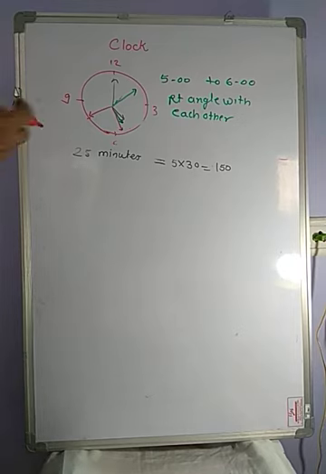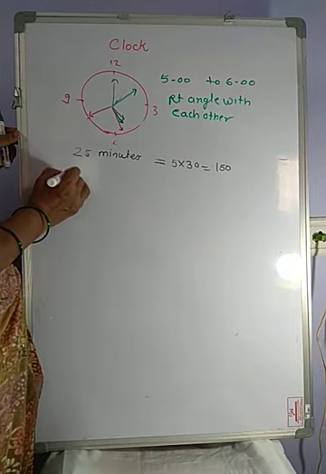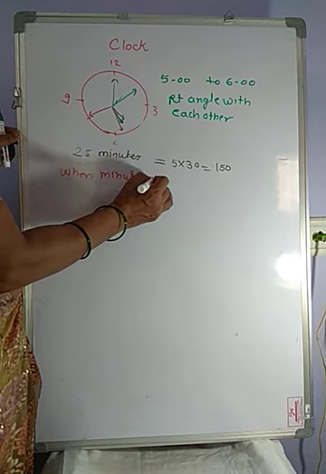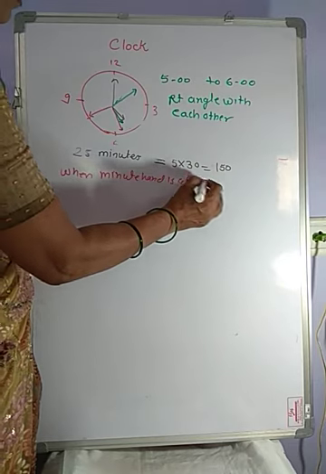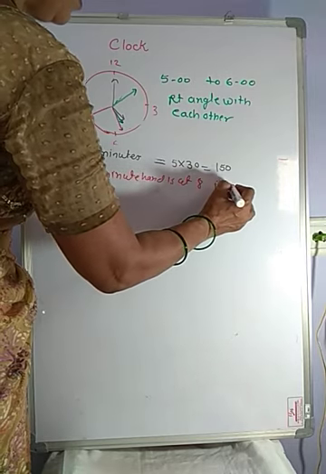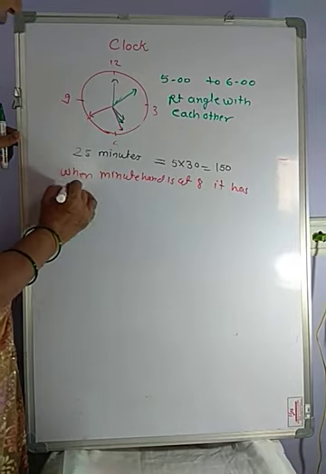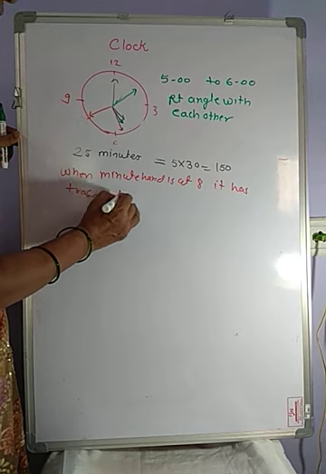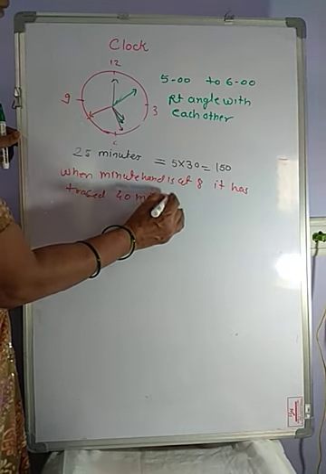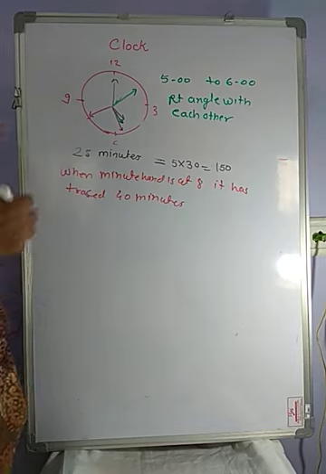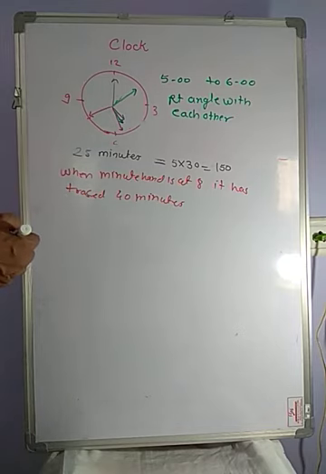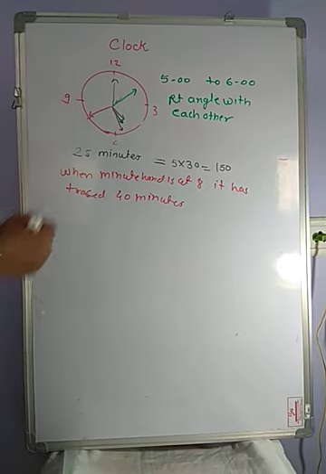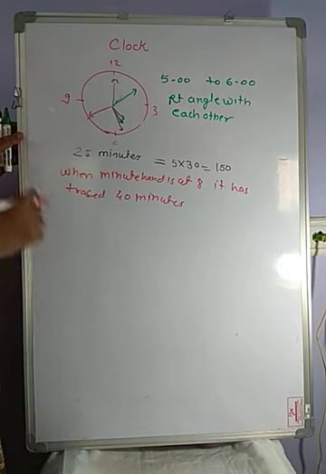Now at 8, when the minute hand is at 8, it has traversed or traced 40 minutes. Now again we will find what is the gain of the minute hand over our hand in terms of these 40 minutes, as done in the earlier case.